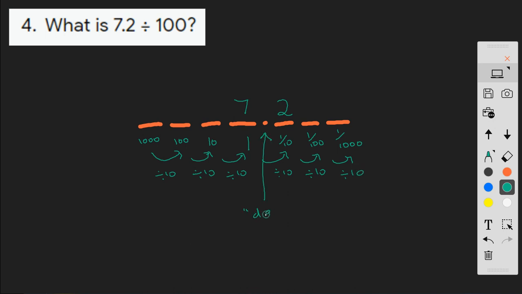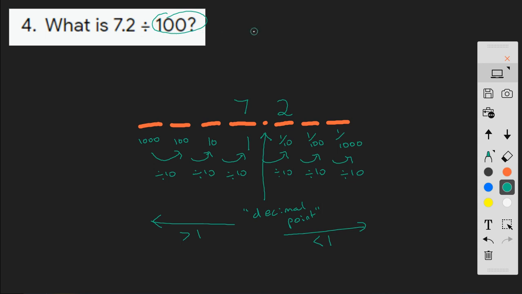My decimal point here is just separating the numbers that are bigger than 1 from the numbers that are less than 1, smaller than 1. Now, what I've been asked to do here is to divide by 100. So if I wanted to divide by 10, I would just move my digit from one column to the next.